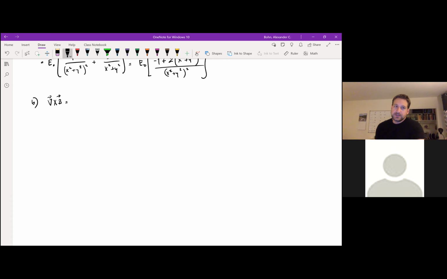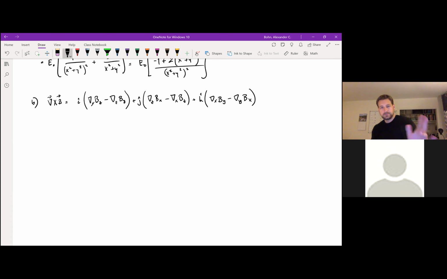For now, I'll use the sort of rule that I wrote down for the regular cross product. Put the components in order that way.